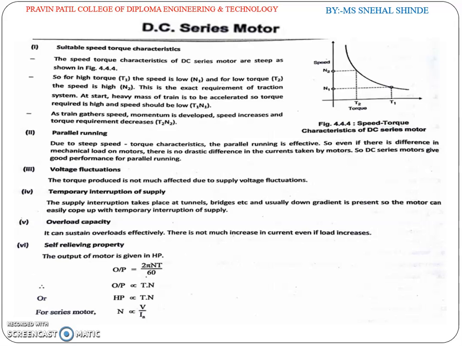Voltage fluctuations: the torque produced is not much affected by supply voltage fluctuations. Temporary interruption of the supply: the supply interruption takes place at tunnels and bridges, and usually a down gradient is present, so the motor can easily cope with the temporary interruption of the supply.